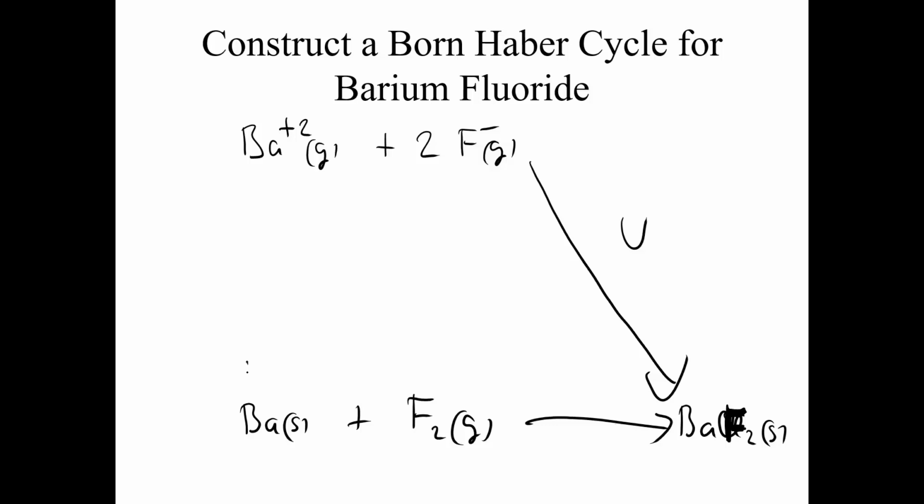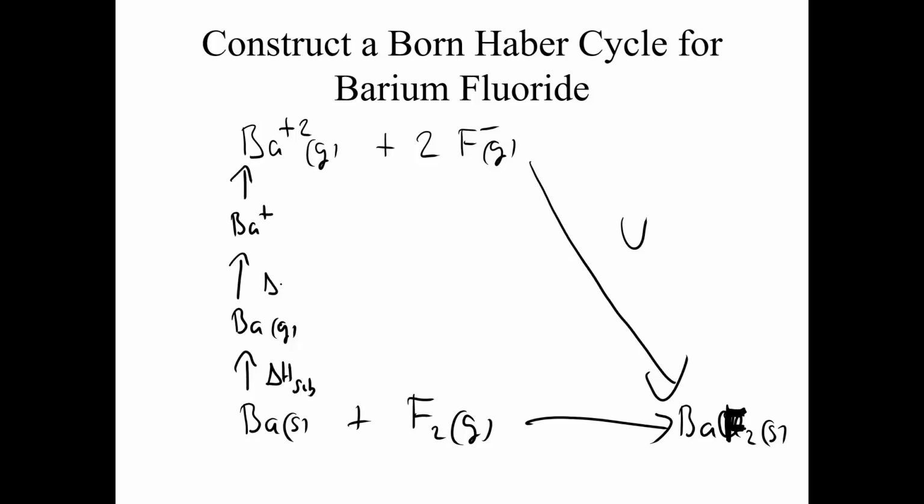And then we do, again, we can sublime it, the delta H of sublimation, which turns this into the gas phase. And then we have two electrons, so we have to use the first ionization energy and the second ionization energy. So we go from barium to barium plus, and then barium plus to barium +2.